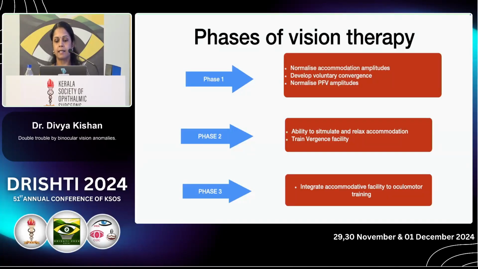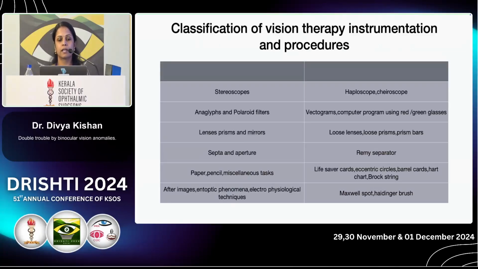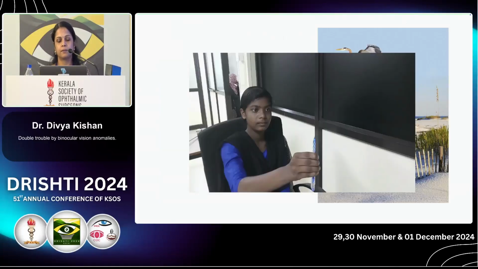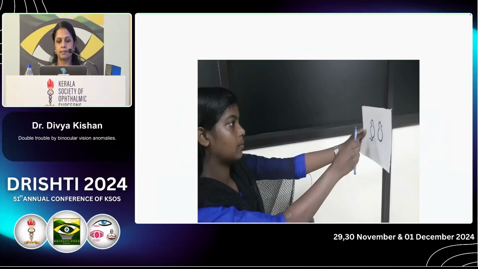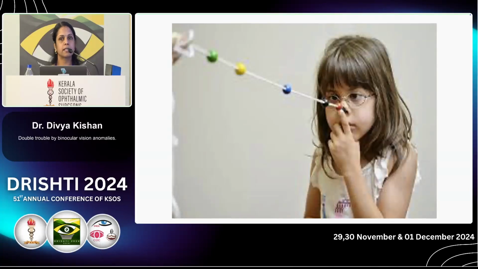And phase 3, integrate accommodative facility with oculomotor training. We have a lot of vision therapy instruments which can be used for these. The simple ones for convergence would be pencil push-ups, dot cards, CAD cards, and Brock string exercises.